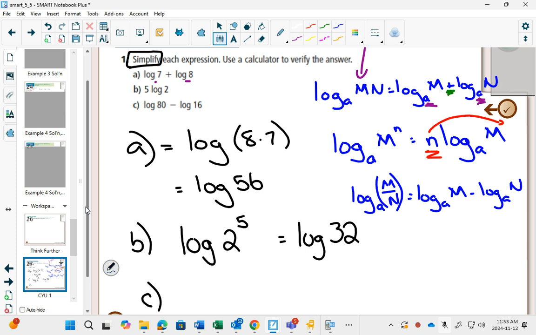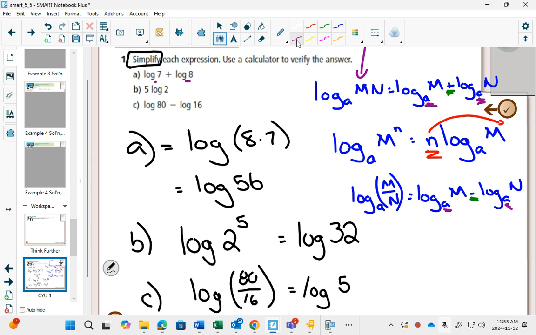If you're subtracting and your bases are the same, and our bases are the same, then I can combine it as a single logarithm by dividing. So this one would become log, and no base is written, so it's base 10, of 80 divided by 16, which if I simplify that, is just 5.